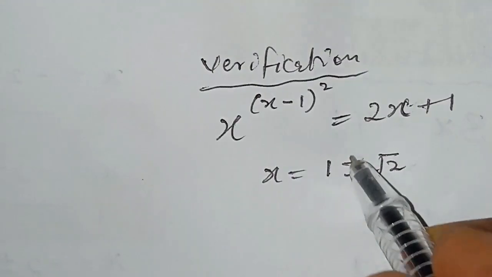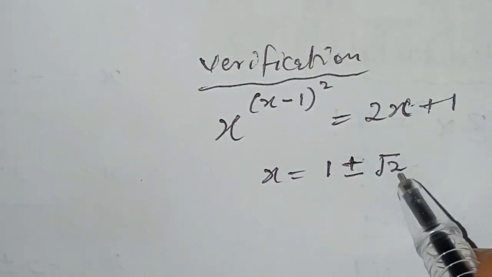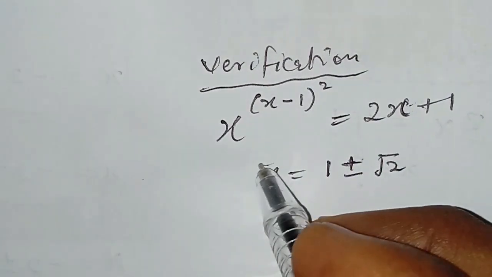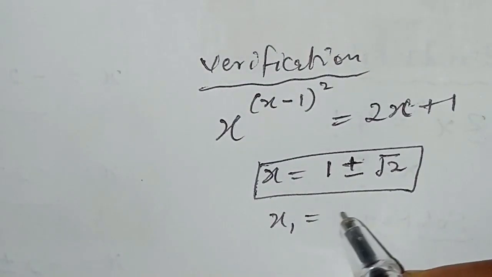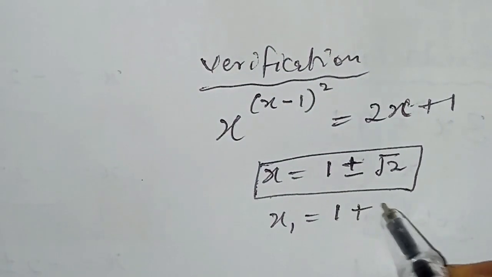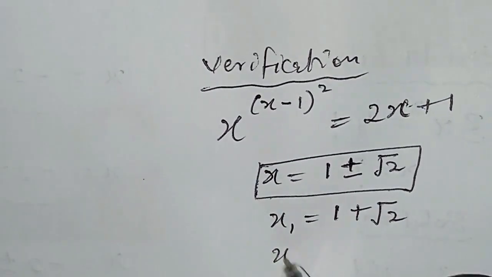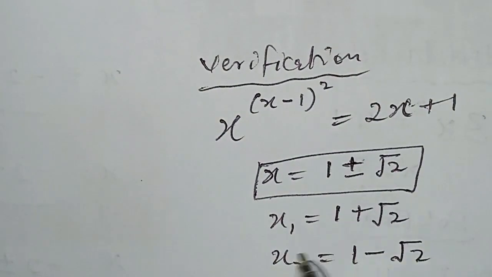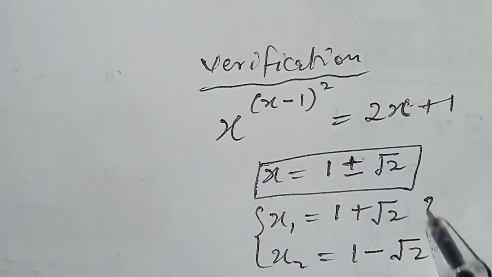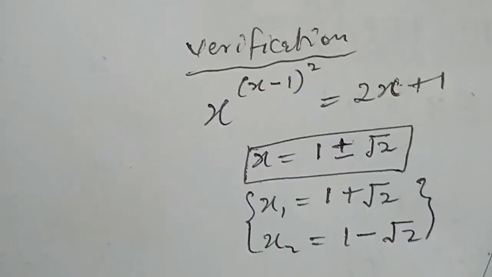Okay, that means our value of x is 2, from this we have x1 to be 1 plus the square root of 2, and x2 to be 1 minus the square root of 2. So we use these two values to verify our expression.